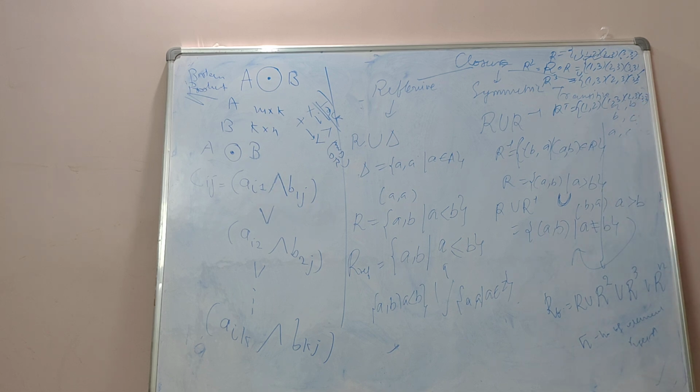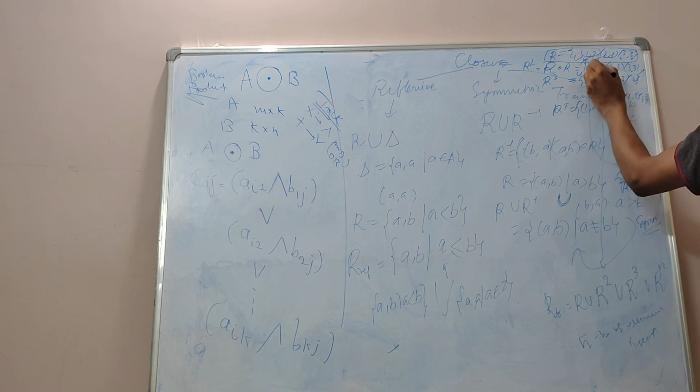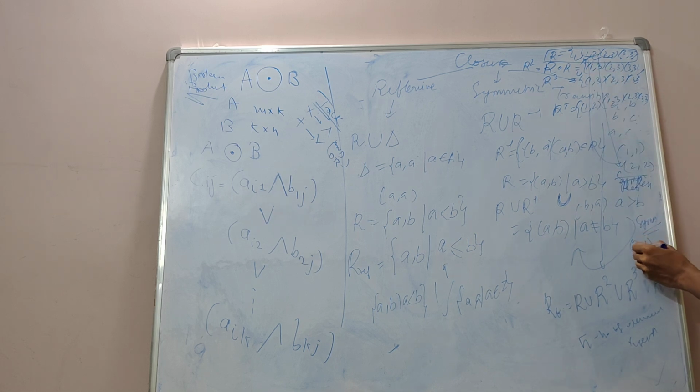Now I have this again R and I want reflexive closure, right? So I will add all (a, a) pairs, right? So (1, 1) and (2, 2) will also be added to my R. For symmetric, what I will do, I will also provide (2, 1), right?